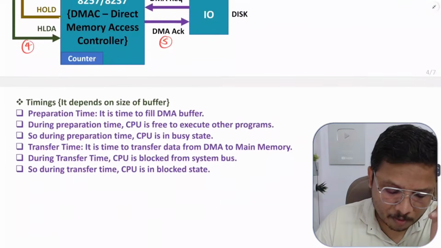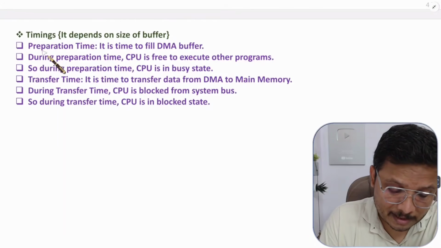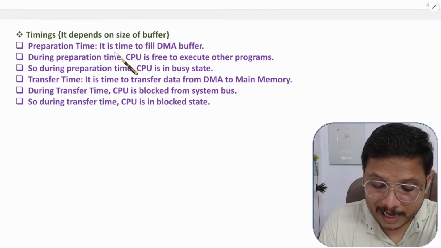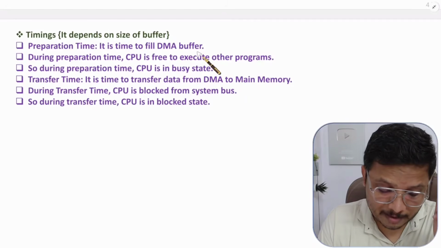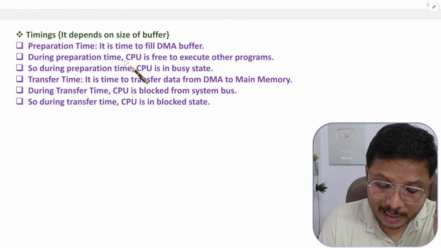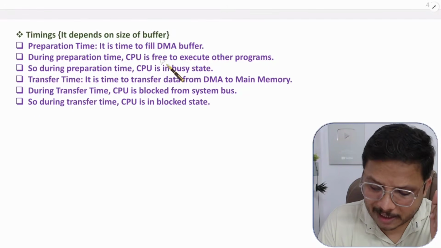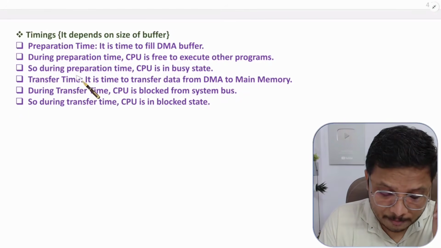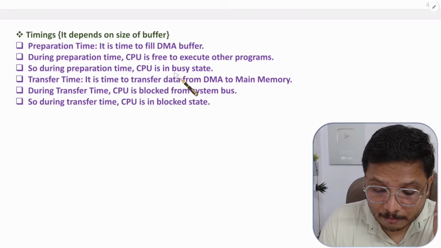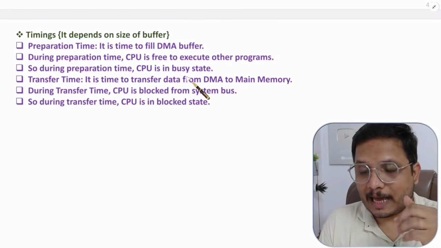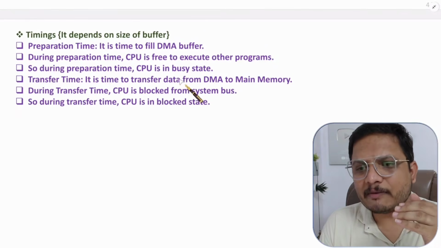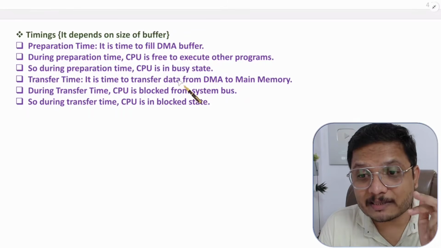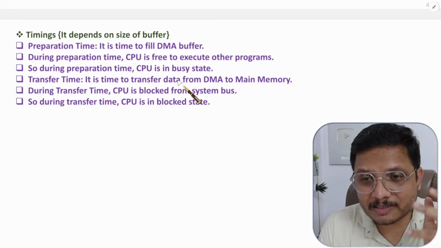So if you observe the timings, preparation time is the time to fill the DMA buffer, right? And during preparation time, the CPU can execute any other program as the system bus is free, right? That's why preparation time is referred to as busy state. In examples you will be asked to calculate busy state or blocked state, right?